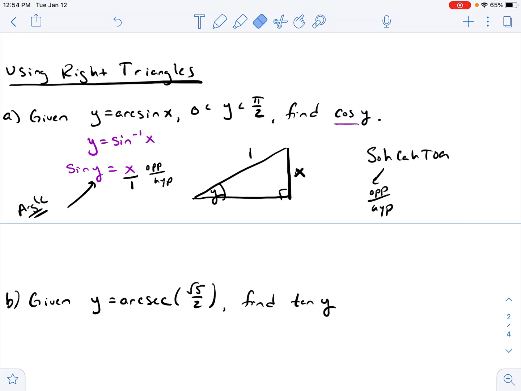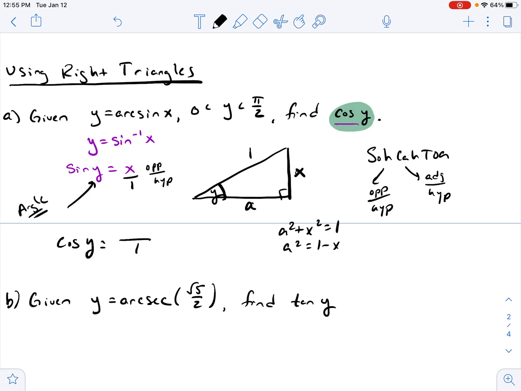Now what we want, ultimately, is the cosine of our angle. Well, cosine is going to be adjacent over hypotenuse, right? So the cosine of y is going to equal something over 1. Let's figure out what the adjacent side is. We've got a right triangle, so we can use the Pythagorean theorem. I'm just going to call the adjacent side a. Then a squared plus x squared equals 1, and I just want to get this back in terms of x.